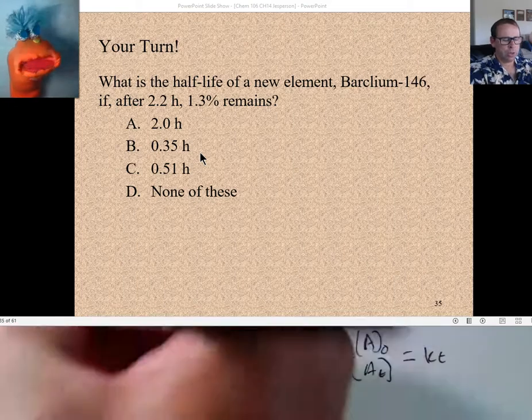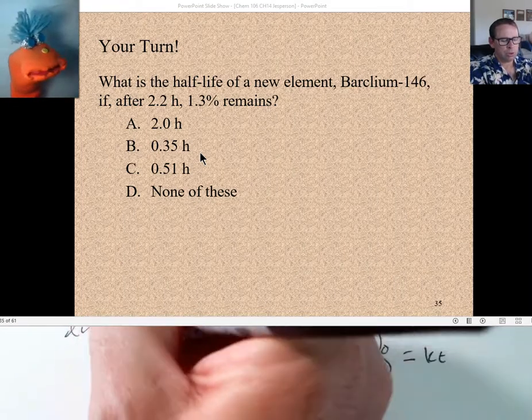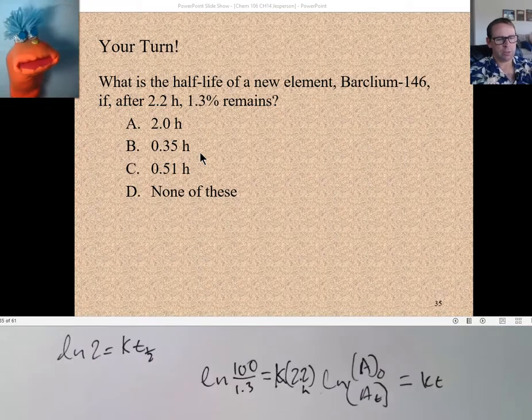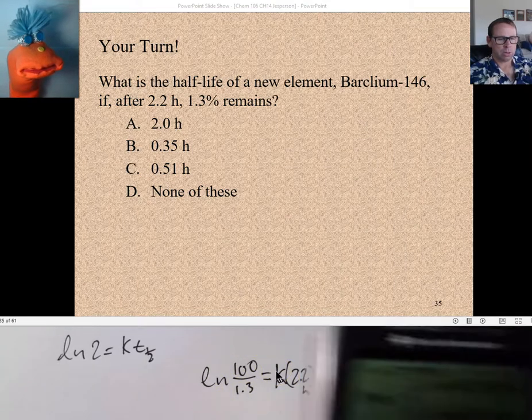No, but we know that the natural log of 2 equals k times t half. Very good. So I don't have my k yet, but I have to solve that equation for k. Natural log of this ratio divided by 2.2 will equal our k.